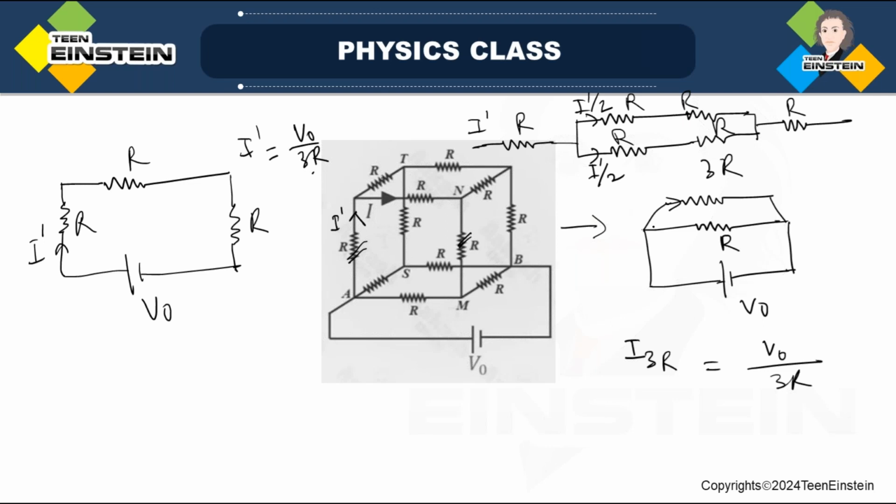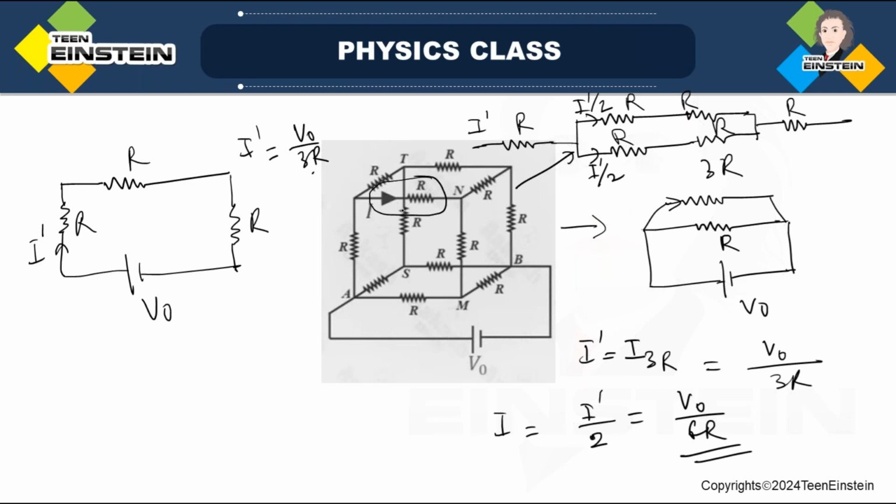So this is the question. This is the equivalent circuit for the upper branch. You can see that the total resistance is 3R. Then I prime by 2, so V0 by 6R. This will be the current in the specified resistor.